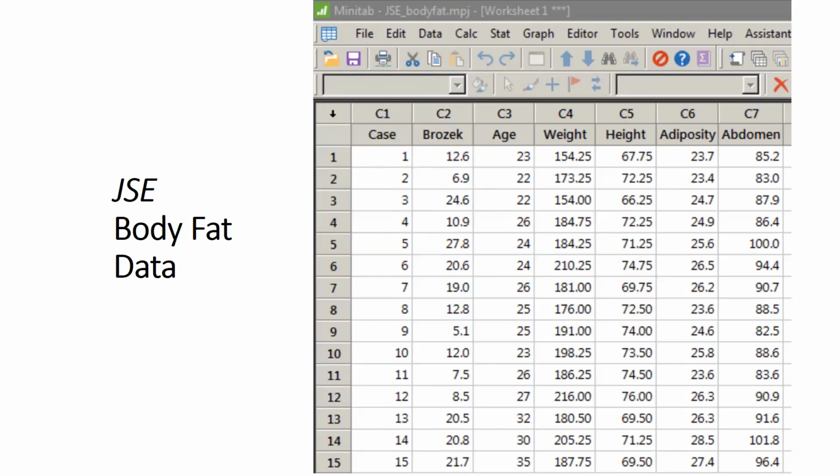I've just decided to pick 5 of the variables: age, weight, height, adiposity, and abdomen circumference. So abdomen circumference is measured in centimeters, and adiposity, I think we call it BMI now. In this data set, it's called adiposity. So what we're looking at is using these independent variables as the basis for a model to predict body fat percentage. And as I said, there are more variables in the data set. I just find that it kind of overwhelms my slides and presentations if I have too many variables at one time when I'm introducing multiple regression.